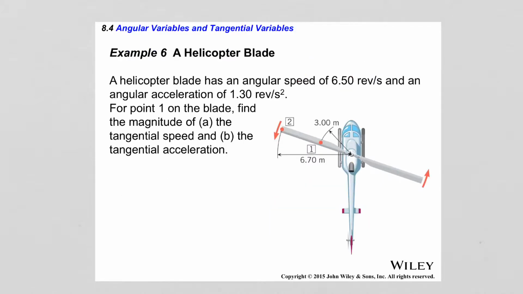Now let's look at one example that uses the concept of the relationship between angular and linear quantities. A helicopter blade has an angular speed of 6.5 revolutions per second and an angular acceleration of 1.3 revolutions per second squared. For point 1 on the blade, right here, find the magnitude of the tangential speed and the tangential acceleration.